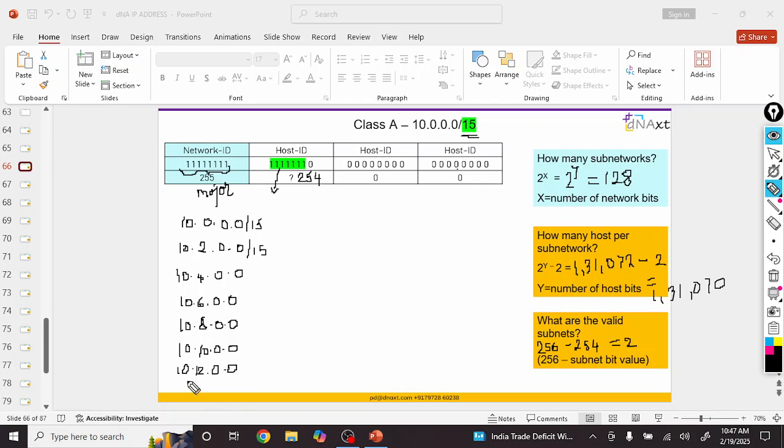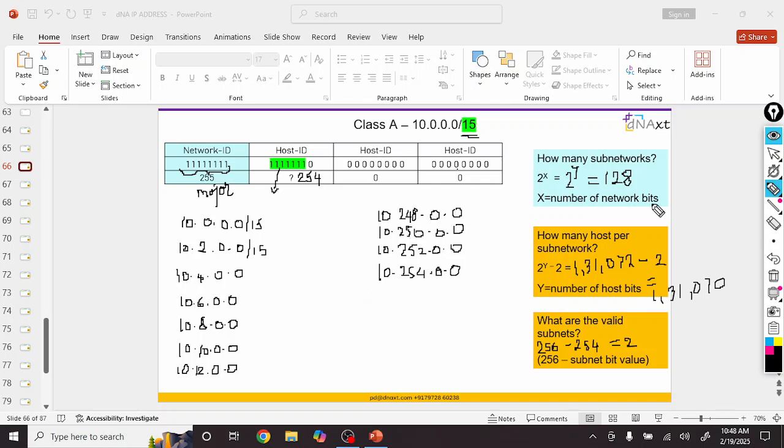This will go on: 10.14.0.0, 10.16.0.0, 10.18.0.0, and the last will be 10.254.0.0. Previous to it will be 10.252.0.0, then 10.250.0.0, and 10.248.0.0.